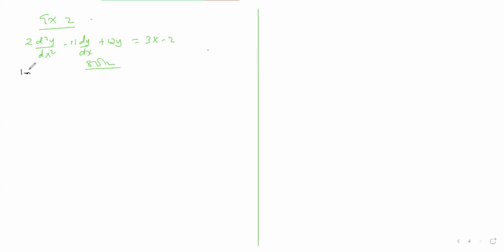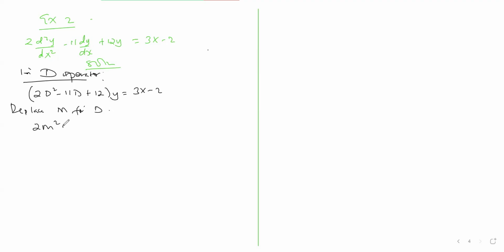So in D operator, you shall have (2D squared minus 11D plus 12) y equals the function on the other side. Again, replace m for D. So we have 2m squared minus 11m plus 12 equals 0.